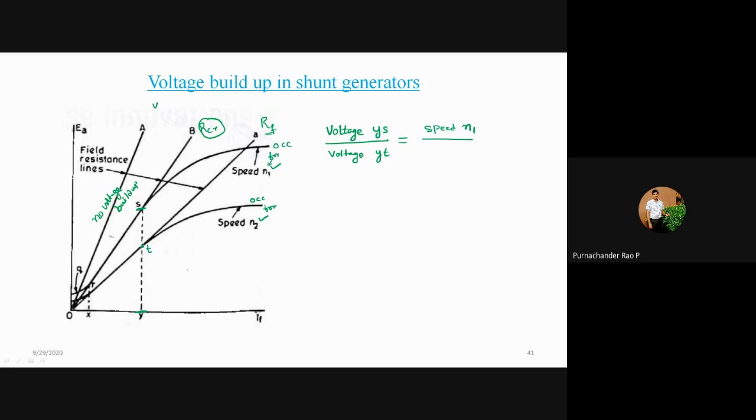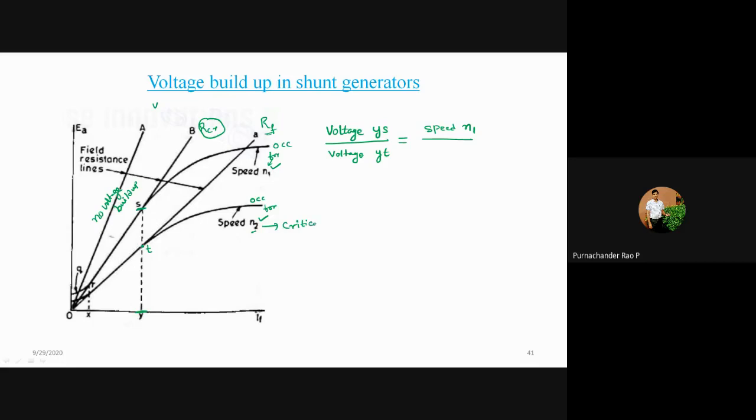As the speed n2 is less than n1, your open circuit characteristics is reduced, and our field resistance line is tangent to the open circuit characteristics for n2. Therefore this speed is known as the critical speed.